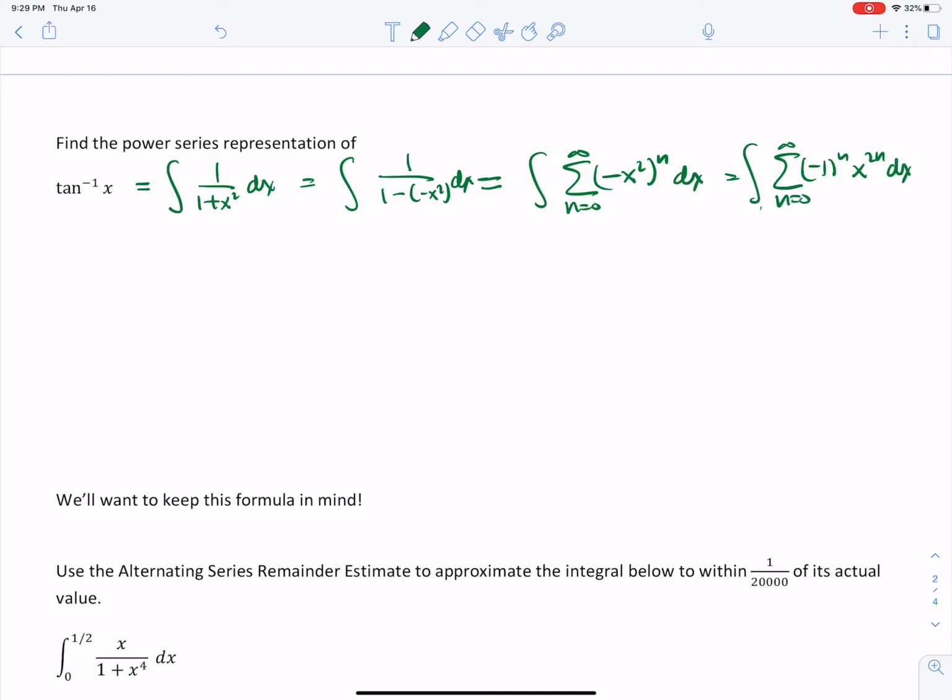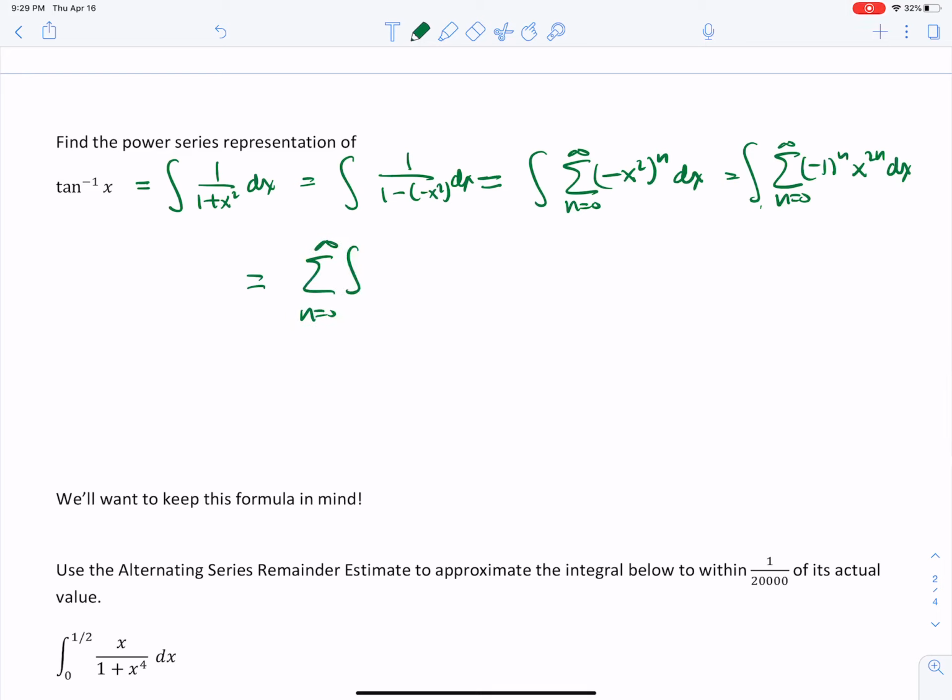So now I've got an integral of a power series representation of a function, so I can switch the sum and the integral. And I know how to anti-differentiate that. So we get summation n equals 0 to infinity, minus 1 to the n. I raise the power by 1. I divide by the new power.